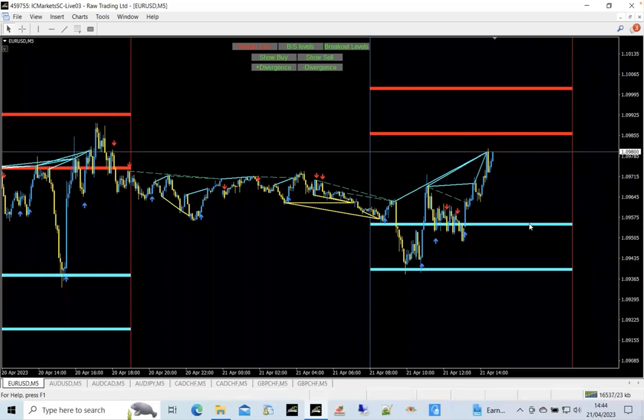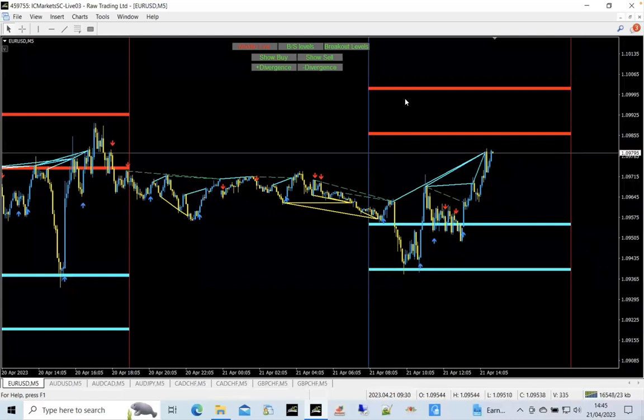So the first blue level here, the first support, is the target. And also the market can come to the first buy level here, as you can see, and then it can rebound.